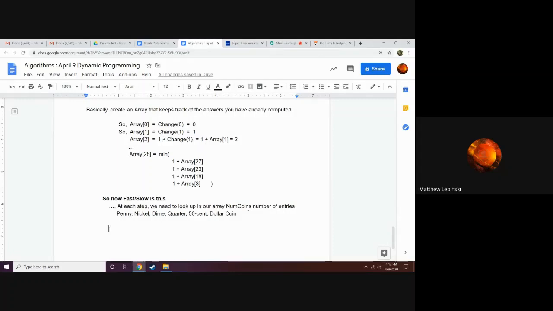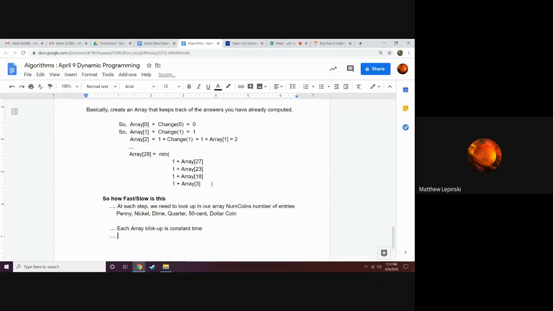So the number of coins we have in our country determines how many things we're taking the minimum of, but each array lookup is constant time.